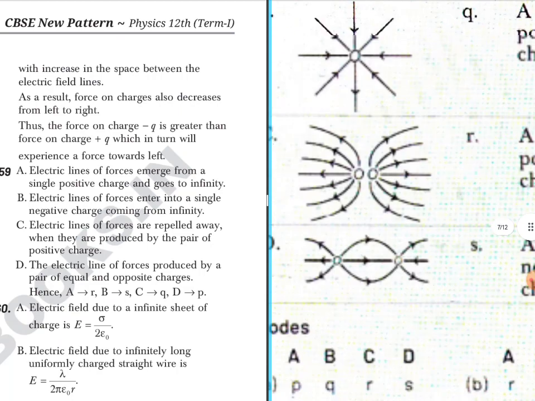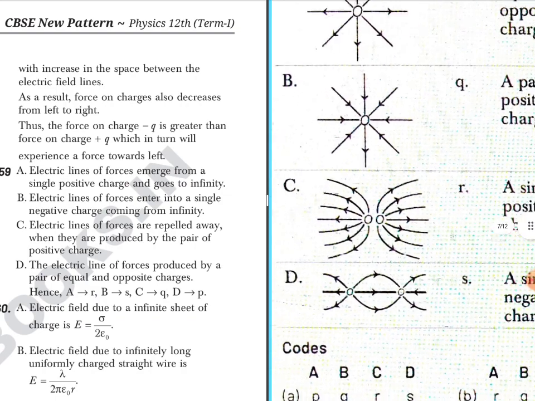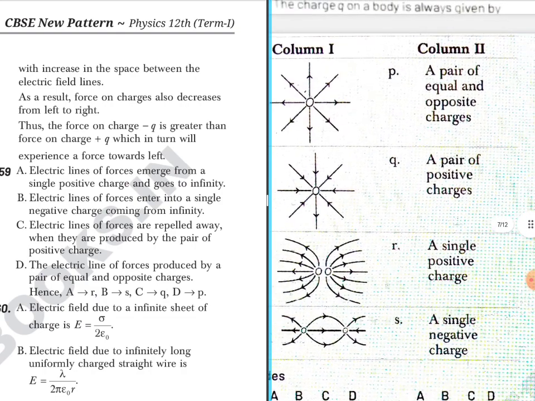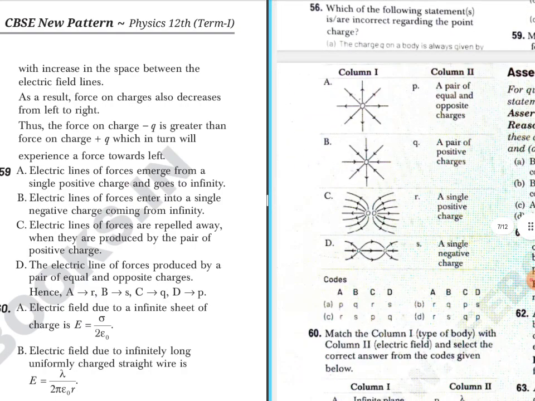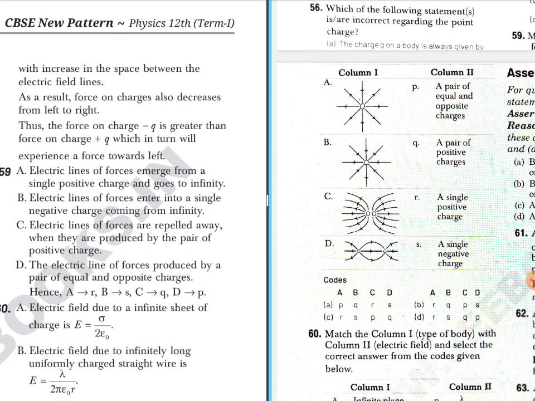D is like a positive and a negative, it's like a dipole. So the left is positive, the right is negative, equal and opposite charges, which is P. So A is R, B is S, C is Q, D is P. So option number C is the right answer.